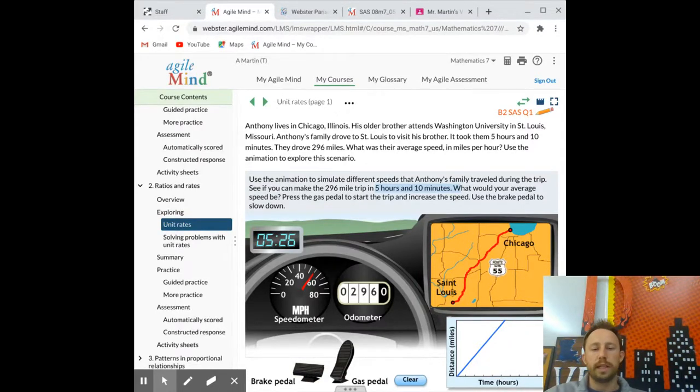So what would we need to do? Go down a little? Would I go down or go up a little bit? Down, because it says it took them 5 hours and 10 minutes, and it's 5 hours and 26 minutes. So do we need to drive faster or drive slower?